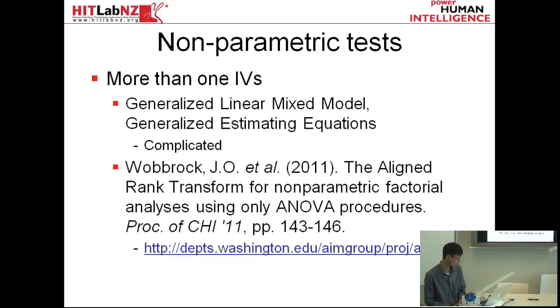But there is also another way of dealing with non-parametric data using standard ANOVA procedures, and that's called aligned rank transform, which was invented in 2011, which is a relatively new method. And this is the website.